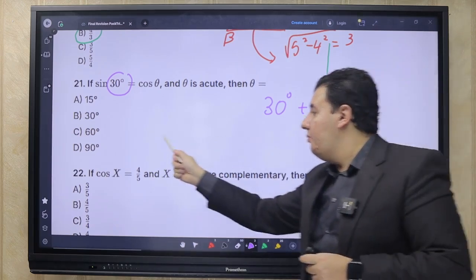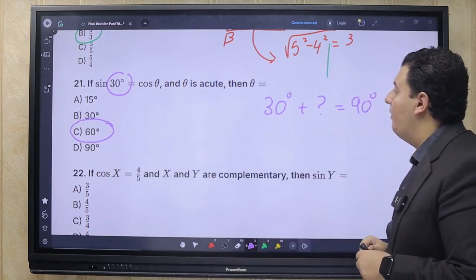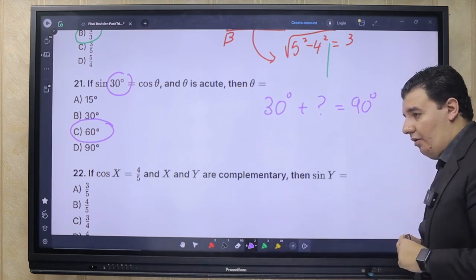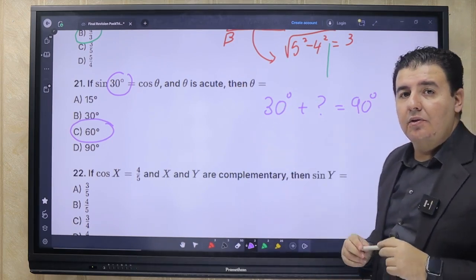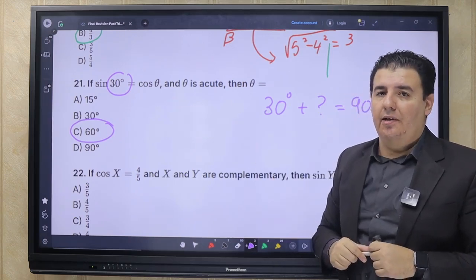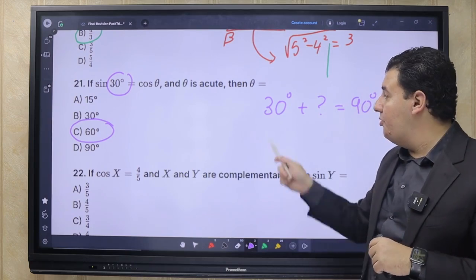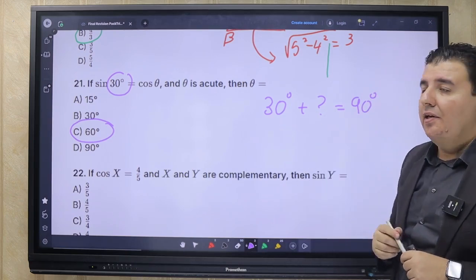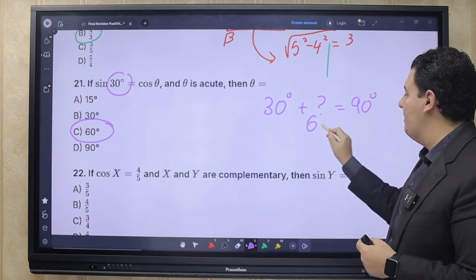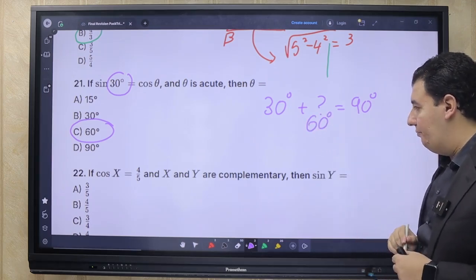So here we will choose letter C. Because if the two angles have a sum equal to 90 degrees, then the sine of the first angle equals the cosine of the second angle. Sine the first, which is 30, equals cosine the second, which is 60, because 30 plus 60 equals 90 degrees.